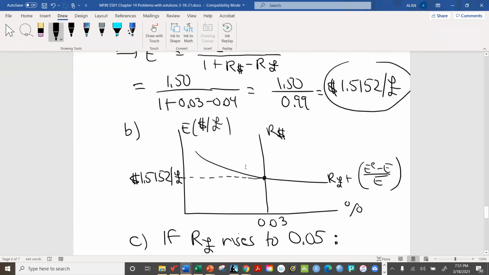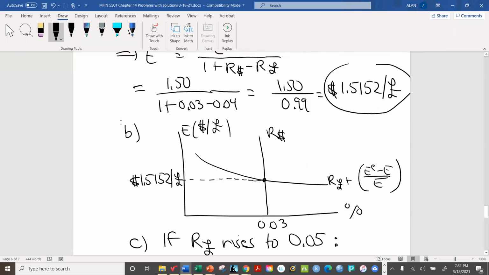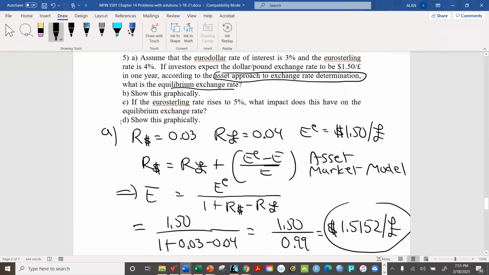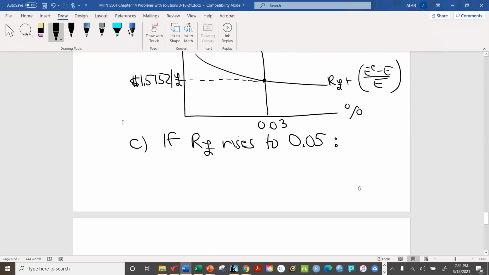All right, so we're changing a couple of things. We still got the US rate is 3 and the UK rate. And the expected exchange rate is $1.50. Those haven't changed, only the UK rate.